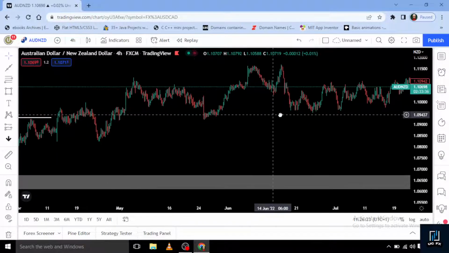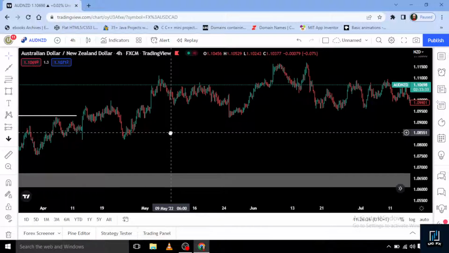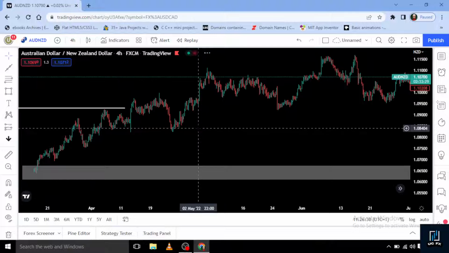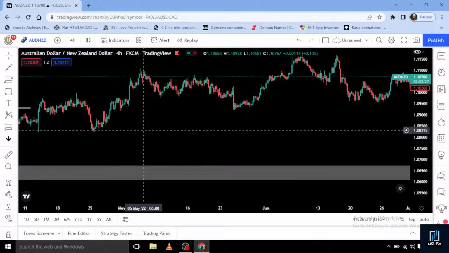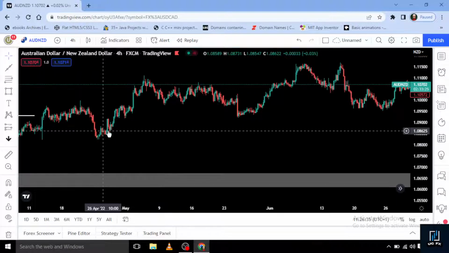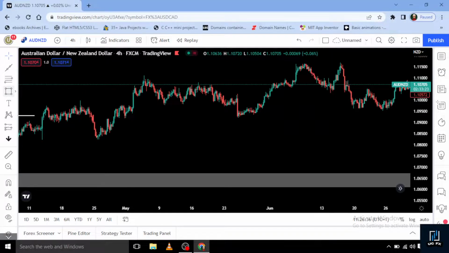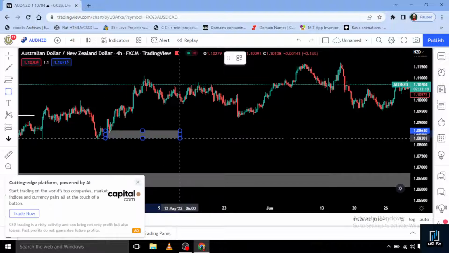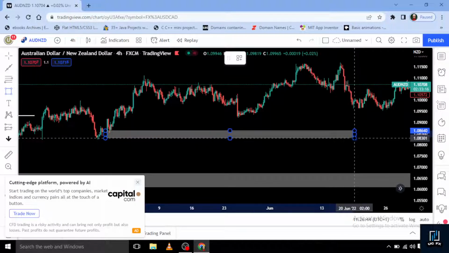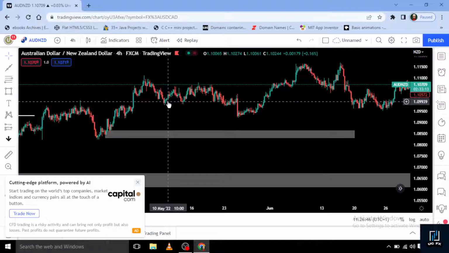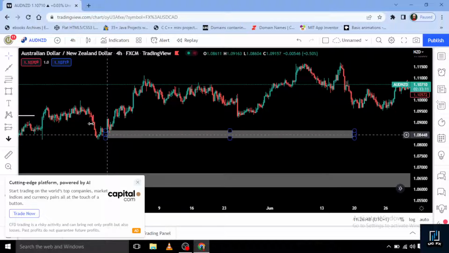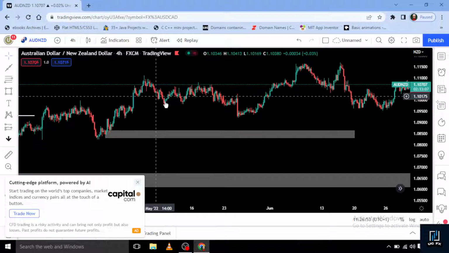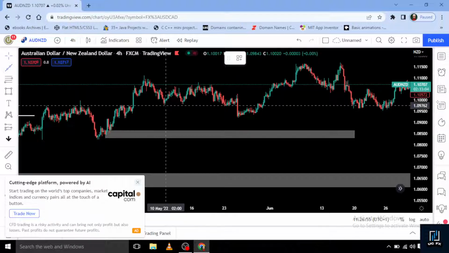So in view of that, before that actually happened, we had a nice price action inside this area. As you can see, we had a nice order block inside this area, and after this order block was formed, it took out these highs as well. After that, we had liquidity here in the form of equal lows.